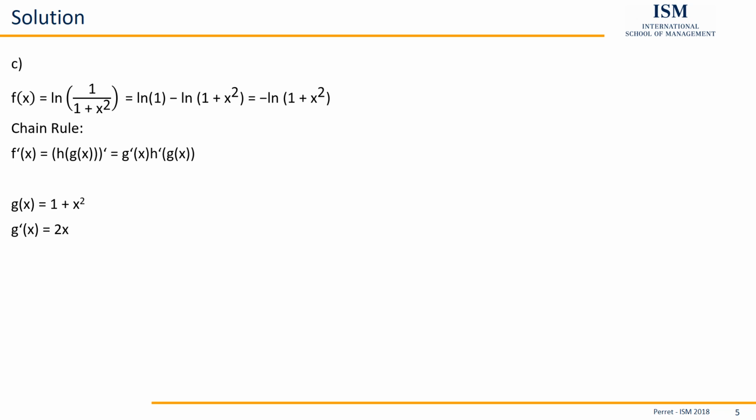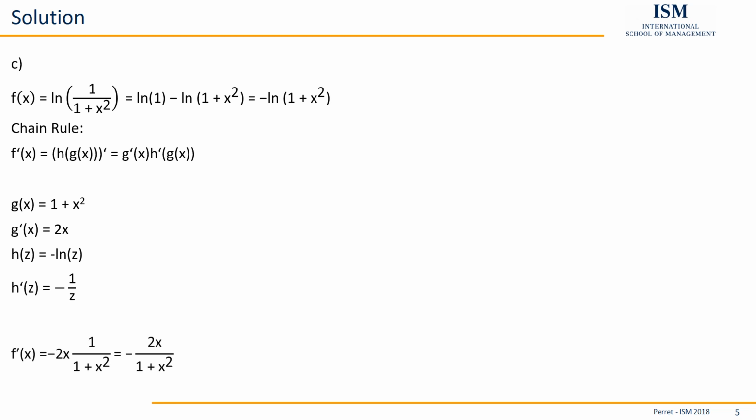Now, the outer function here is minus logarithm, and the derivative of the logarithm is 1 by z, so here it's minus 1 by z. Then we just plug all of this together again. So we have the derivative of g being 2x times minus 1 divided by, and instead of z we write g, so 2x times minus 1 divided by 1 plus x squared.